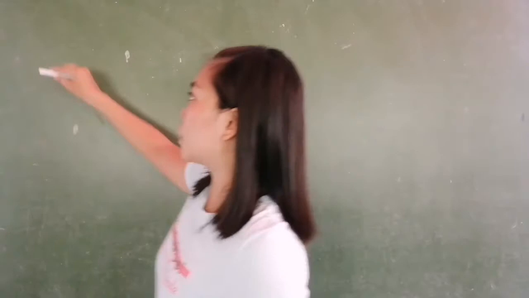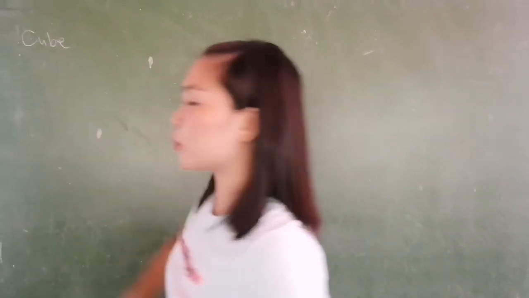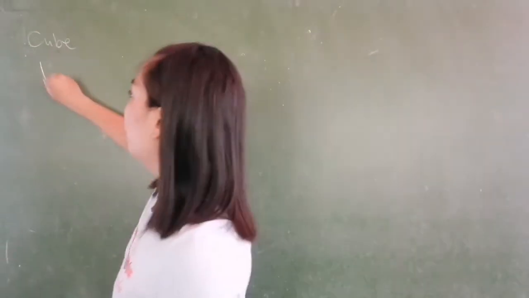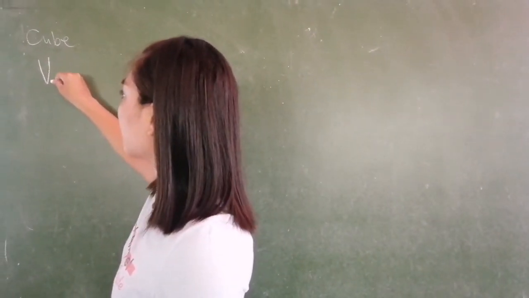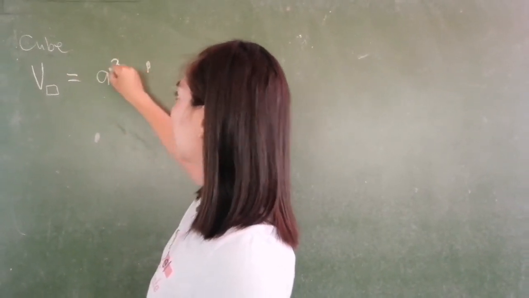Okay, now let's proceed to the area of a cube. Okay, bakit hindi na po square? Kasi cube na po siya. Kasi nga, katulad ng sinabi ko kanina, dapat po yung volume, meron na po siyang space na tinatawag. So, ang tawag na po natin ay cube. Okay, the volume of a cube is a cube.